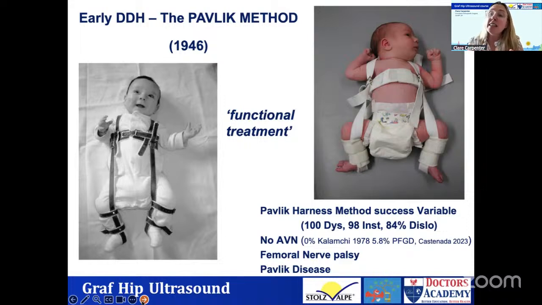We've already seen the histological appearance of that acetabulum. So you don't want to be compressing a femoral head against the posterior wall of that acetabular growth plate if you can help it. So again, good follow-up to ensure that this hip is improving is absolutely necessary when using your Pavlik harness.